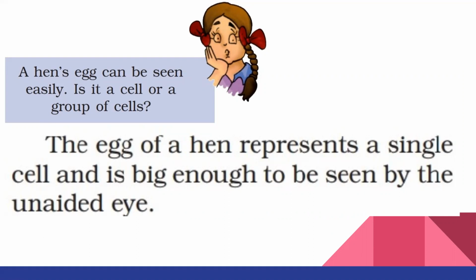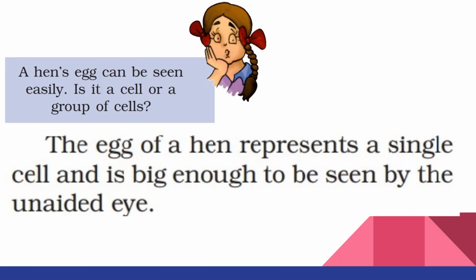So we can say that cells are the basic building blocks of living organisms. The cells have very complex living structures. All cells are similar in their basic structure and function, but they are not identical. They differ in size, shape, structure, etc.